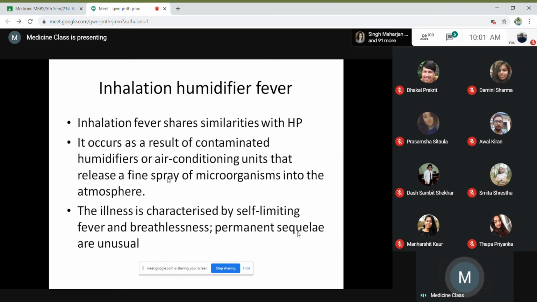In places where contaminated humidifiers or air conditioners are used or cleaned, patients are more prone to get this illness, or from an air conditioning unit that releases a fine spray of microorganisms into the atmosphere. The illness is characterized by self-limiting fever and breathlessness, and permanent sequelae are unusual.